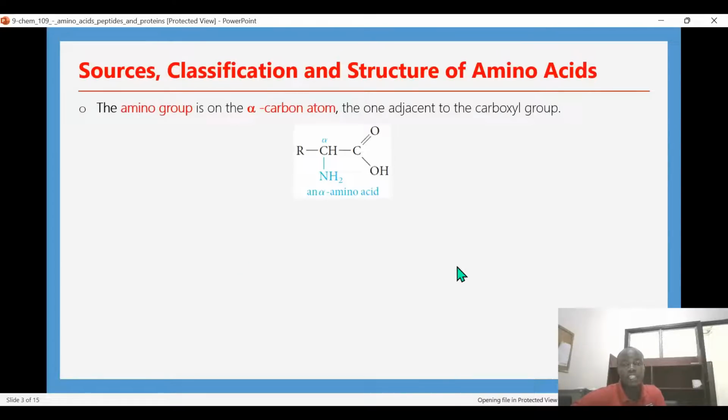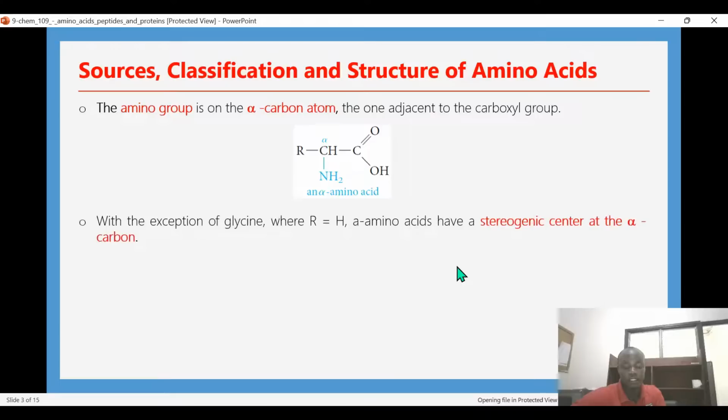The next thing after this is that, with the exception of glycine, where R is hydrogen, amino acids have a stereogenic center at the alpha carbon. It's only glycine, because in glycine the R is hydrogen.